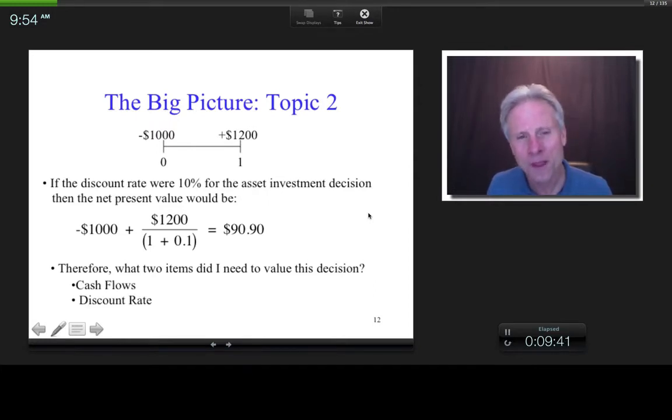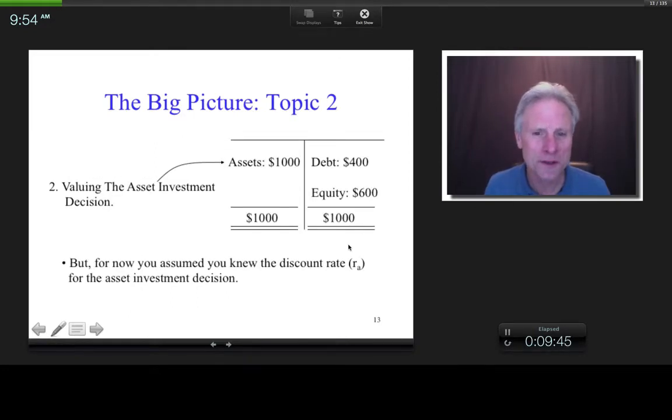However, when we did that topic, we basically assumed that we knew the discount rate that applied to the asset investment decision. That's a pretty big omission, right? I mean, we've argued that the asset investment decision is arguably the most important decision a firm makes.